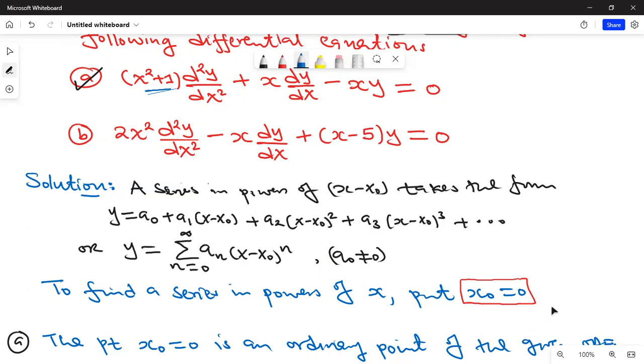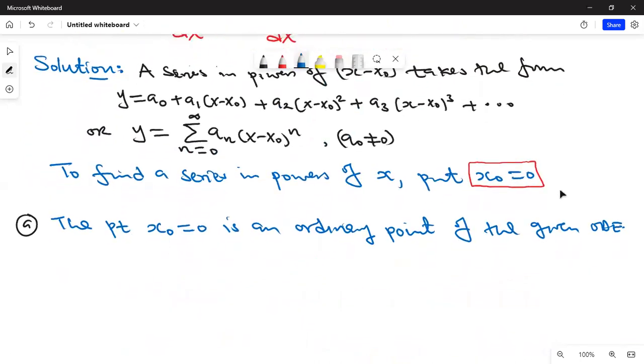So we are going to say, let the solution y, remember y is a function of x, be equal to the sum from n equals 0 to infinity of a subscript n times x raised to n. Remember, we are substituting x naught equals 0 here.